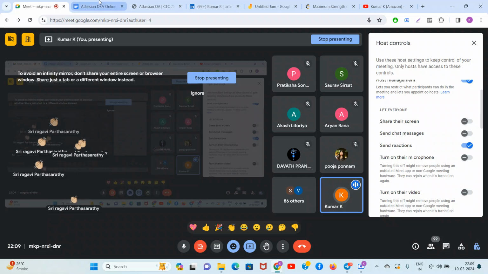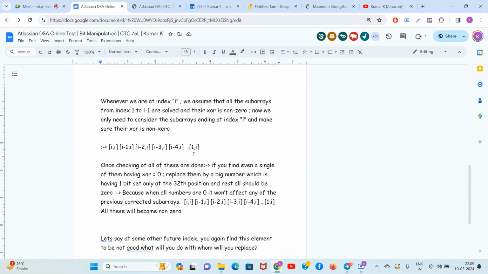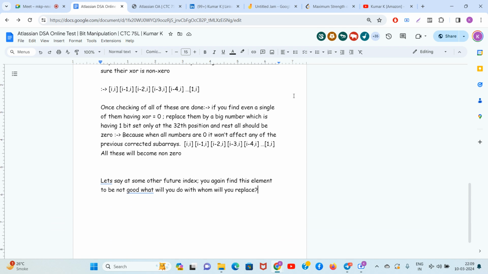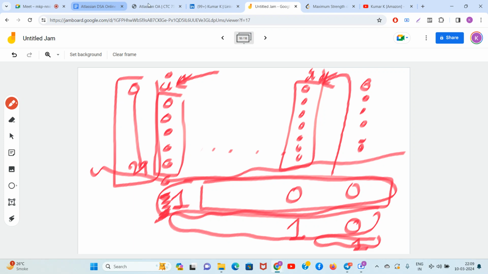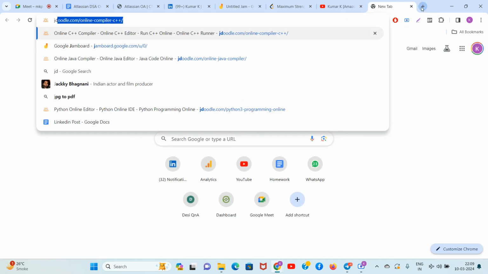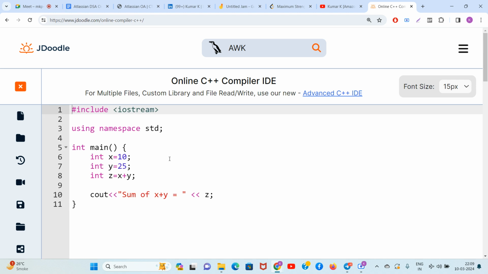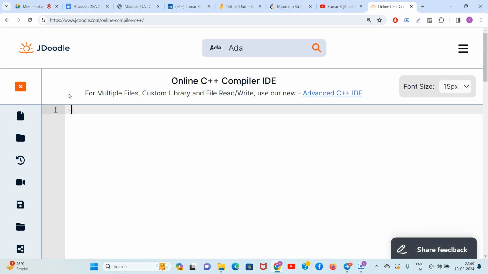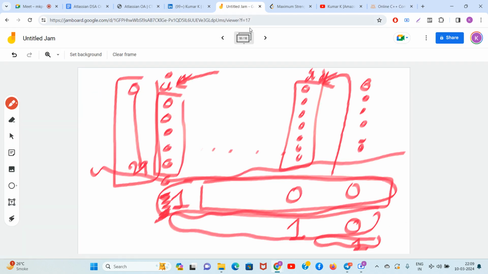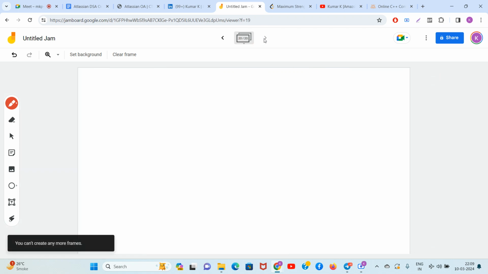So guys, the algorithm and everything is pretty simple. See, I'm telling you the algorithm. Just writing the pseudo code for you people. Let's not make it complicated. Actually, let's not even write the pseudo code. It's very simple, guys. What will you do?